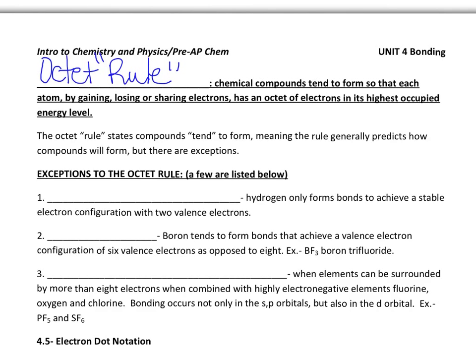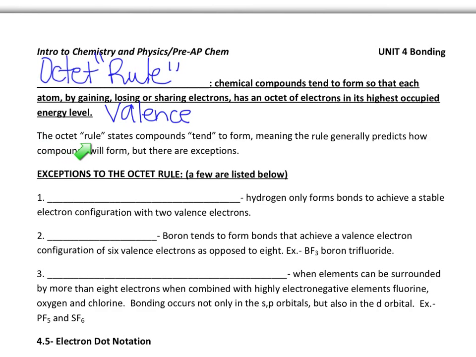So the octet rule is when chemical compounds tend to form so that each atom, by gaining, losing, or sharing, which is what we've just been studying in the covalent bonding, has an octet of electrons in its highest occupied energy level. Okay, just for your vocabulary, recall that that is your valence shell, or your valence electrons. You need to make sure you know that well.